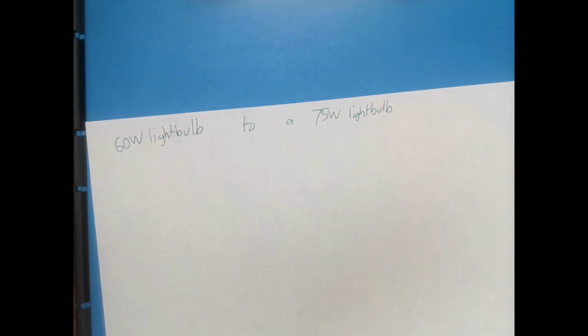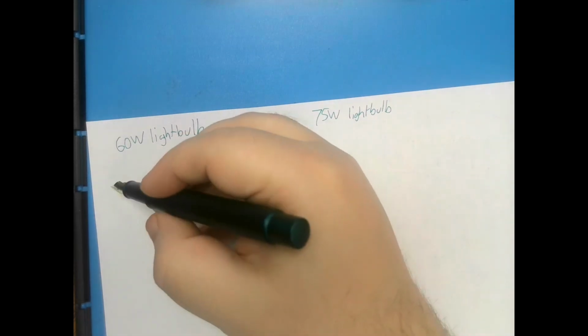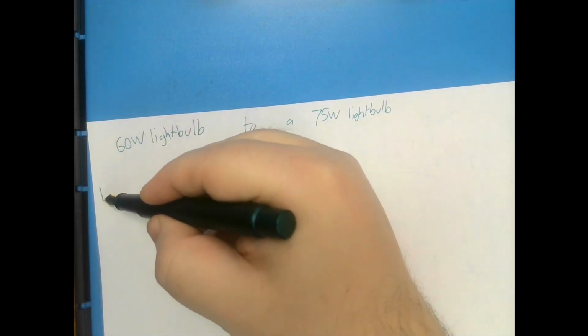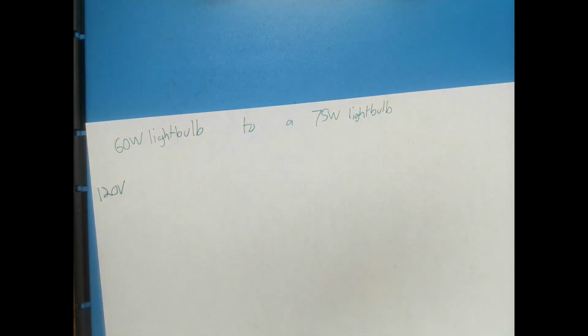So, what's one thing that stays constant in the house? Your AC outlet, what is it producing? Voltage. So all the outlets are held at 120 volts. That's constant, it doesn't change.